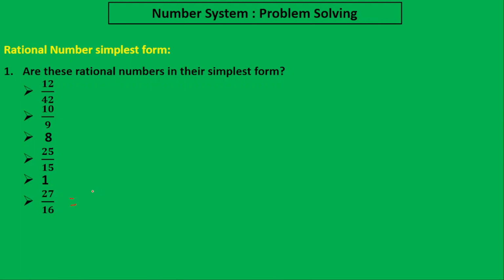Many difficult questions can be formulated based on this. But these are the simplest things. Check whether numerator and denominator are coprime or not. If coprime, it means simplest form of the rational number. So 27 and 16, nothing is common, no common factor, hence coprime, simplest form.